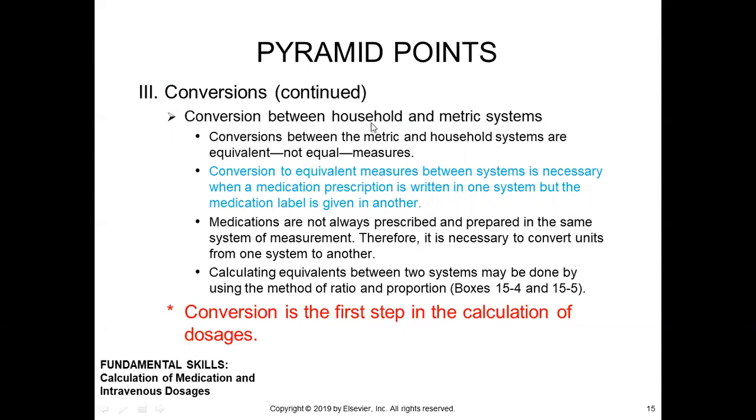Conversion between household and metric systems. So conversion between the metric and household systems are equivalent, not equal, right? Conversion to equivalent measurement between systems is necessary when the medication prescribed is written in one system but the medication label is given in another.